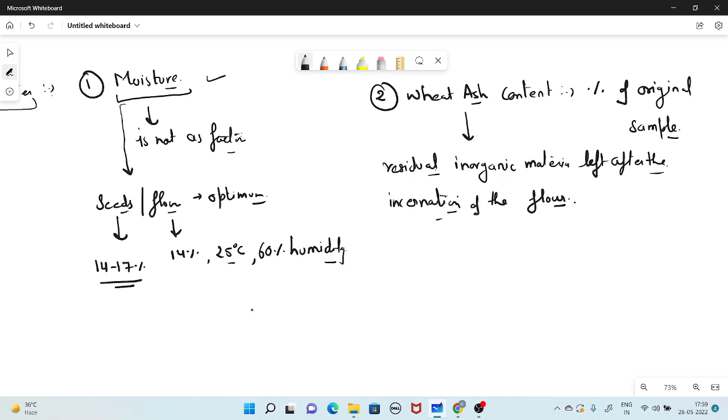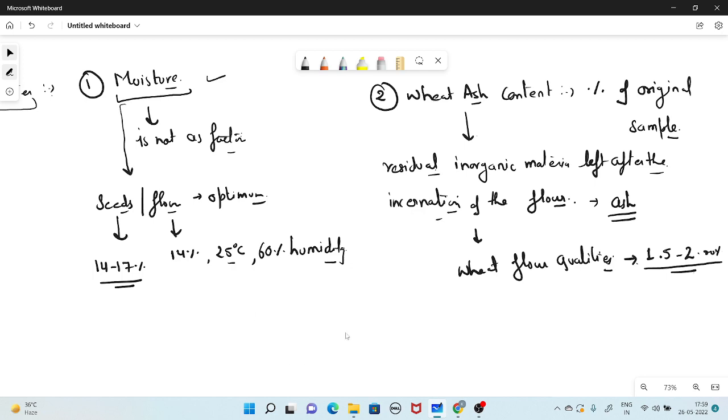So the rest of the content after burning the wheat flour is called ash. It is used to evaluate wheat flour qualities, and it should be in the range of 1.5 to 2.00%. This is the range of wheat ash which should be present in all types of wheat flours, right?